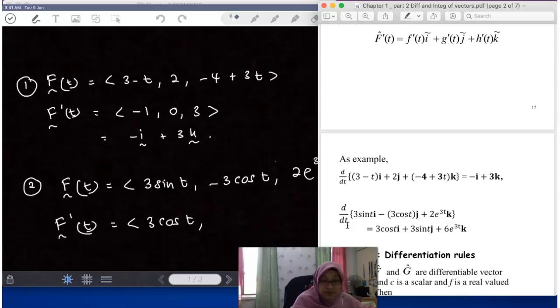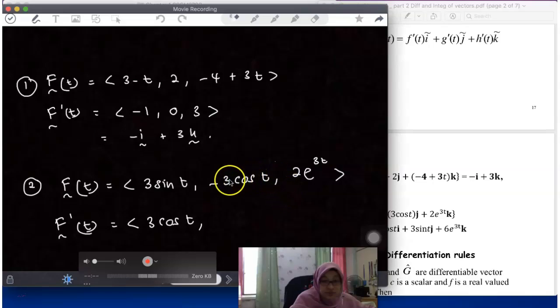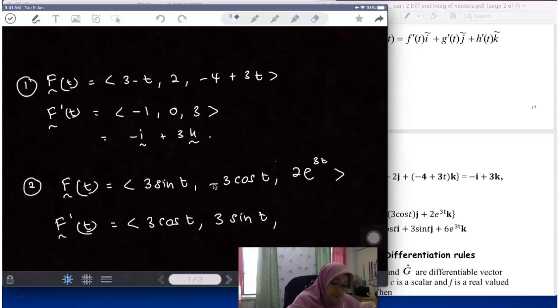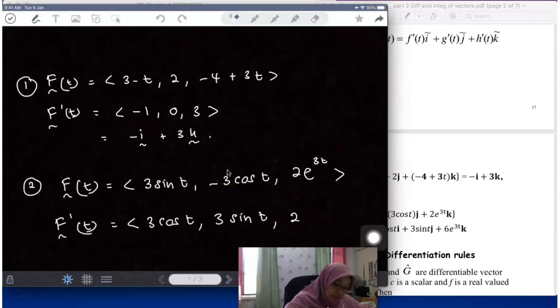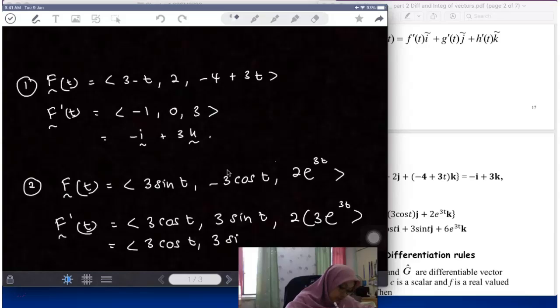You differentiate the minus 3 cos t, you get a negative sign, so negative and negative become positive, 3 sine t. Then 2 is a constant, and you differentiate the e to the 3t, so 3e to the 3t. So what we have is 3 cos t, 3 sine t, and 6e to the power of 3t.